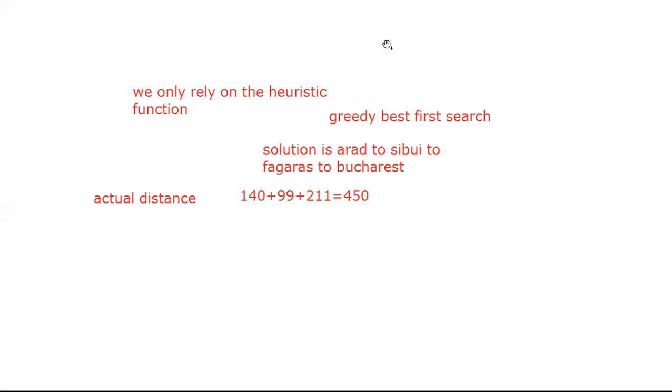Now, there are 4 concepts which are important for every strategy to be checked, that I have discussed in chapter number 3. Maybe I don't know whether I have discussed it with you. There are 4 important properties. Number 1, completeness.